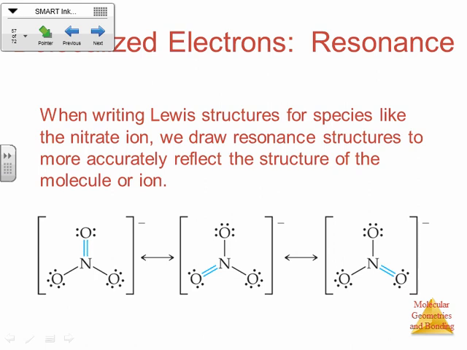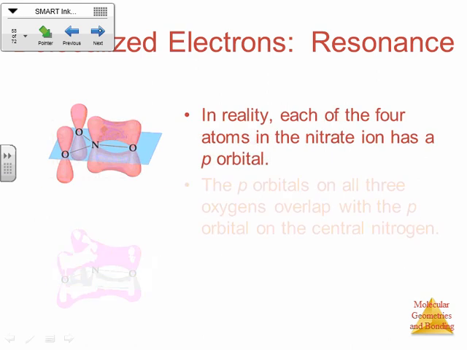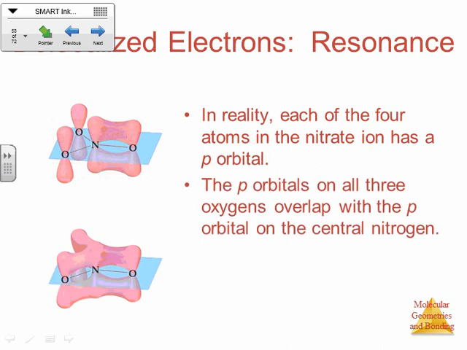But remember, what we talked about before, in reality, this is more like a 1 1/3 bond on each of these. You kind of take the average of it, okay? So what they think is really happening here is something that looks a little bit more like this, okay? Do you see the difference there?